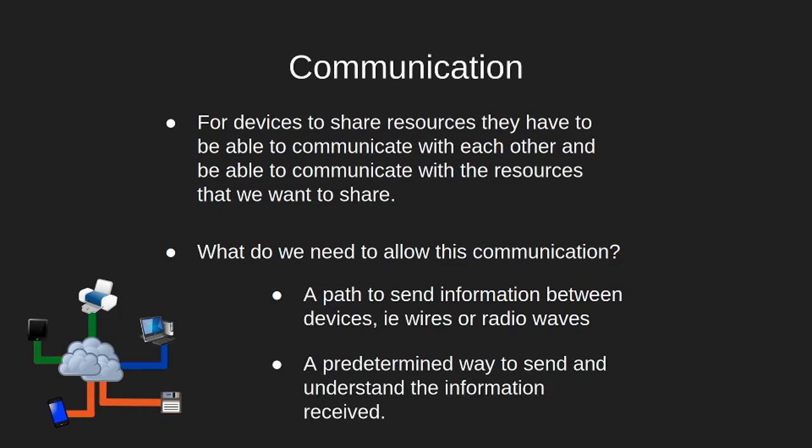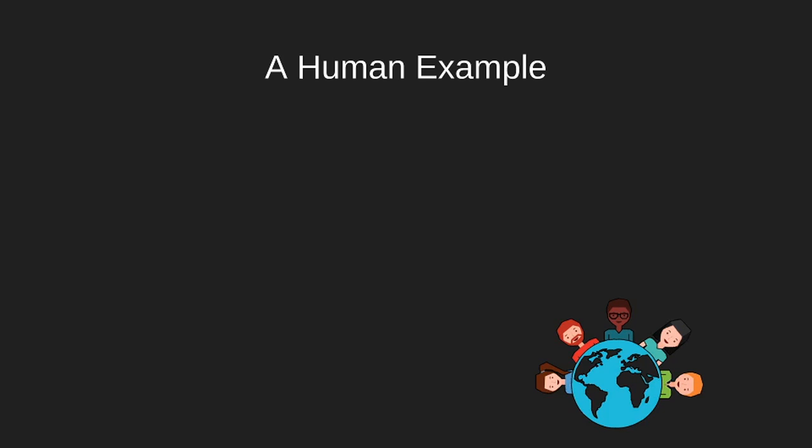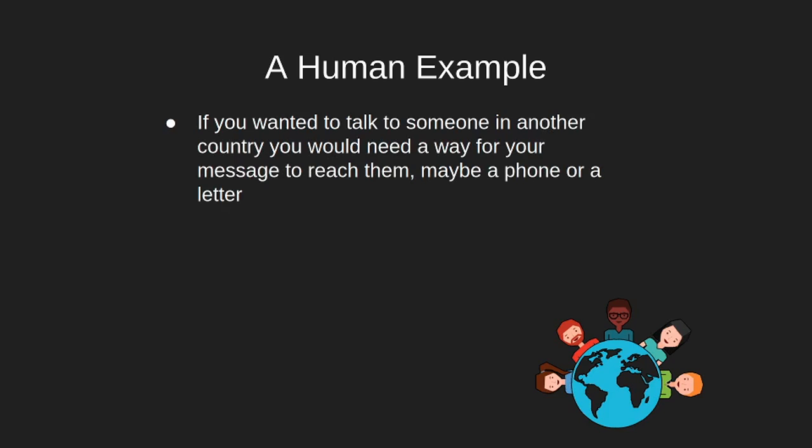But even if we get the information to that other device, we're still going to need a predetermined way to send it so that when it does reach the other end, it can be understood. Let's do a human example here. If you wanted to talk to another person in, let's say, a far-off country, you'd need a way for your message to reach that person.